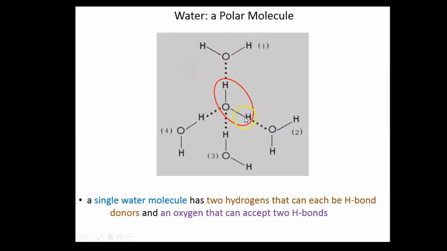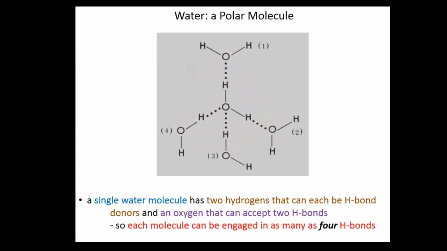This hydrogen, also part of that same water molecule, can do the same and make a single hydrogen bond with something else that's partially negative. The oxygen of this water molecule is partially negative. It can accept 2 hydrogen bonds from 2 different water molecules. 1, 2. And so this one water molecule that we're considering here is capable of making 1, 2, 3, 4 total hydrogen bonds. And indeed, that's what happens in ice.